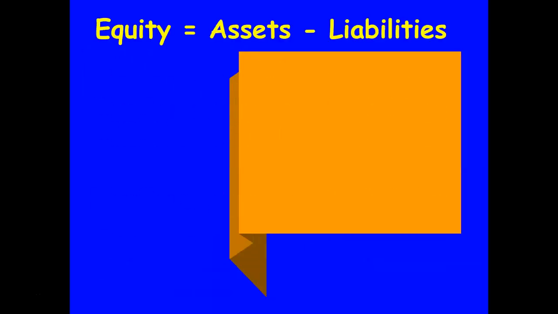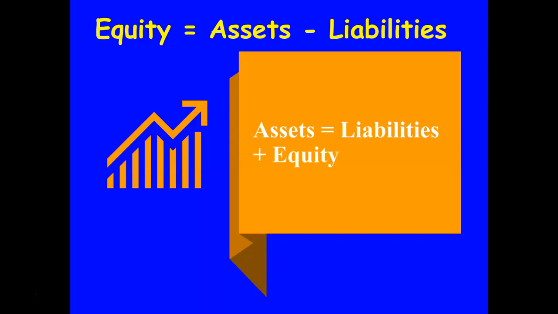These are the basic steps of how you find these and how to analyze them. Equity equals assets minus liabilities, and the other one is assets equals liabilities plus equity. Equity is mostly related to the debt and equity ratio, one of the ratios that I learned in finance.